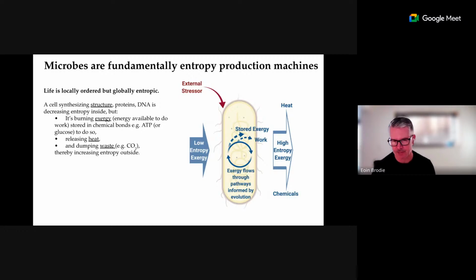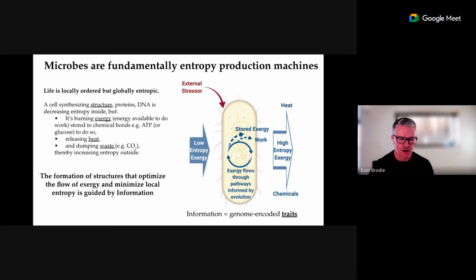So that's the metabolic pathways in the cell, the proteins that catalyze those reactions. We store some of that exergy in cells in the form of things like ATP or maybe glucose or cellulose in plants to build structure, and they use that structure then to further catalyze the destruction of energy, producing entropy fundamentally. So these are entropy production machines. And as I said, the formation of these structures is guided by information, and that information are the traits that are encoded in the genome.